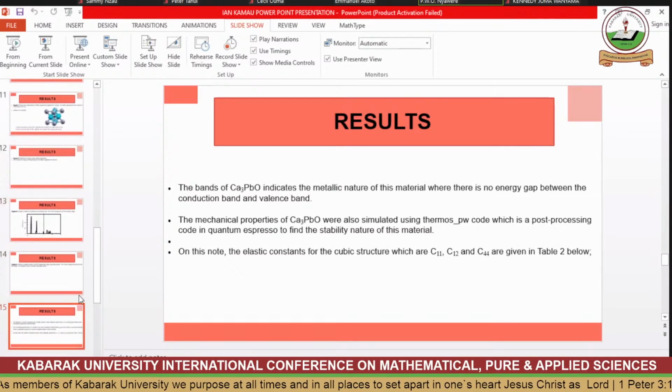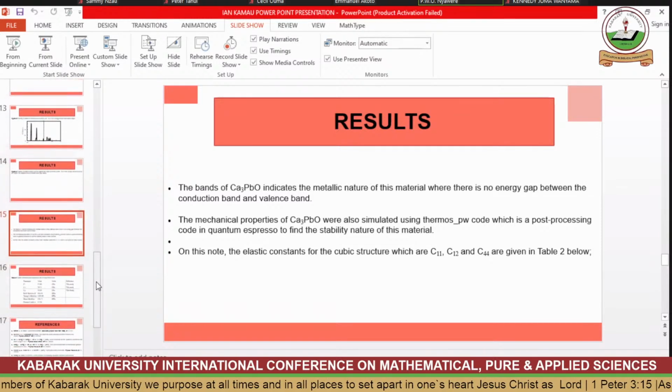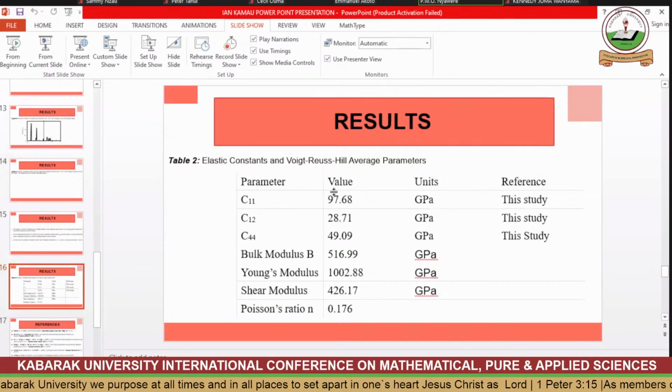Now we look at table 2, elastic constants and Voigt-Reuss-Hill average parameters. You can see for C11, we got from this study 97.68.